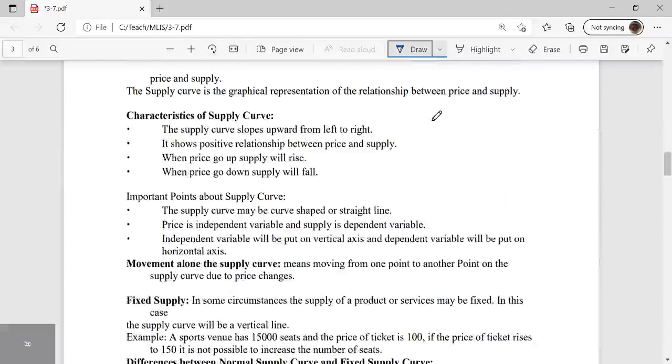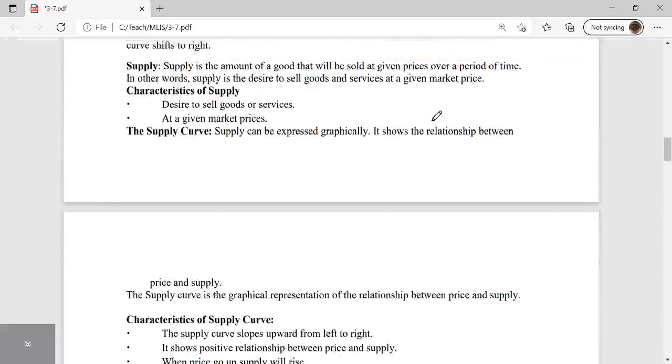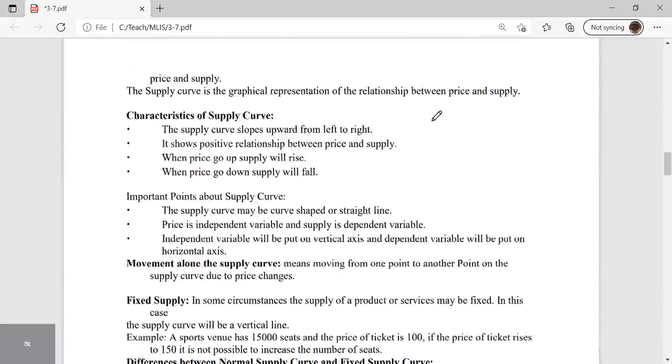The definition of supply is the amount of goods sold at a given price over a period of time. See, there is a positive relationship between price and supply. This time you have to think like a producer.